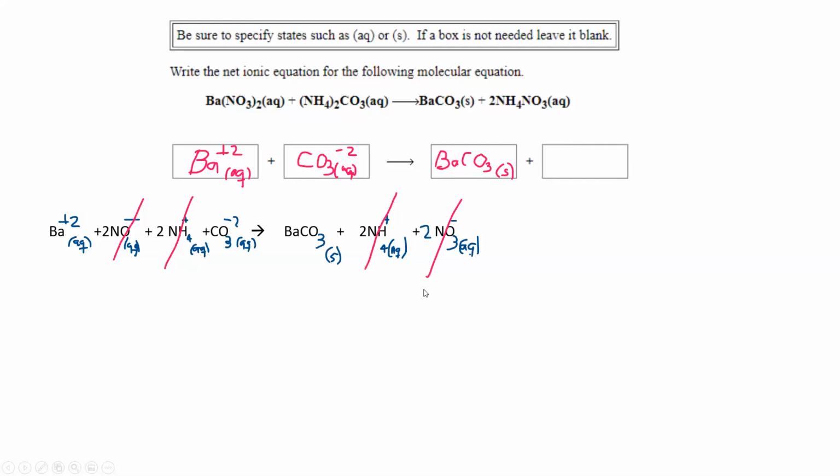In this case, they are asking for the net ionic equation for this molecular reaction. The first step that you are supposed to do in your notebook is to write, if it is soluble, then you divide this in 2 parts, the cation and the anion.